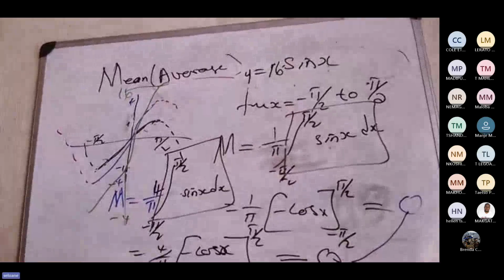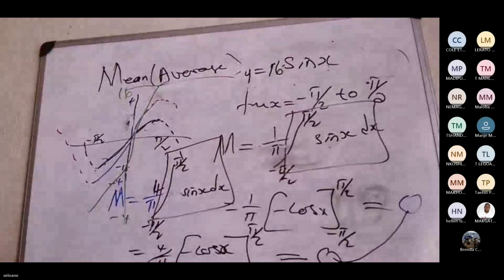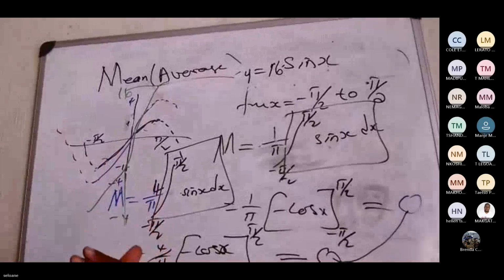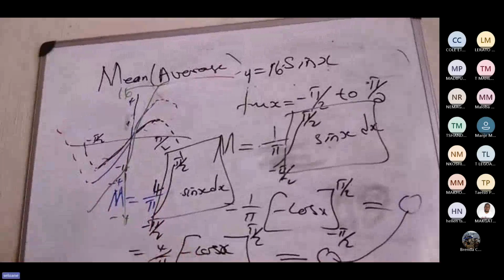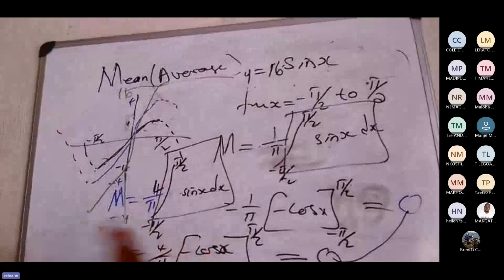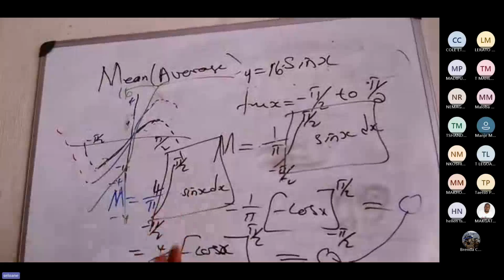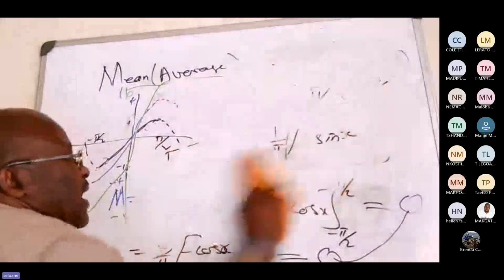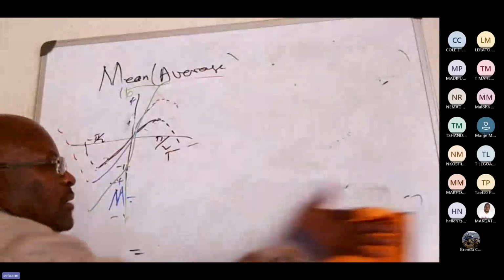To square your function. Remember, we're talking about y. Once you square the y's, whether it was a positive or a negative, at the end it will be positive. Let's talk about the first one, y equal to sine x.